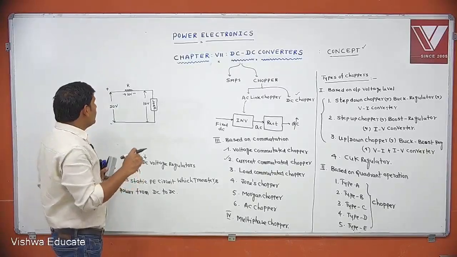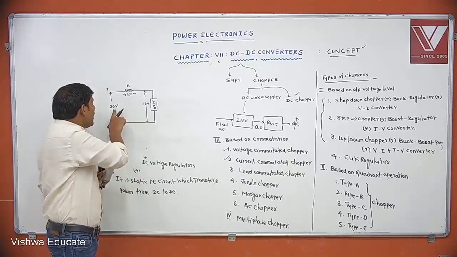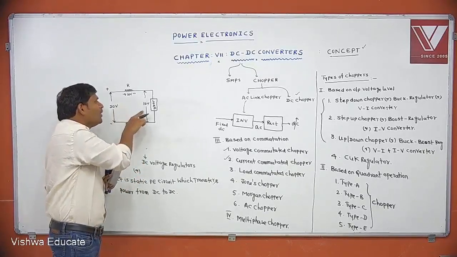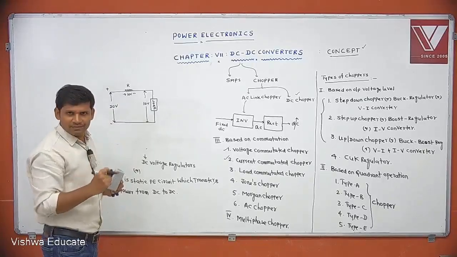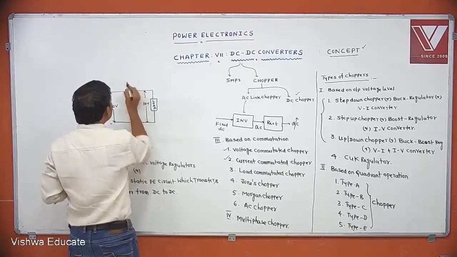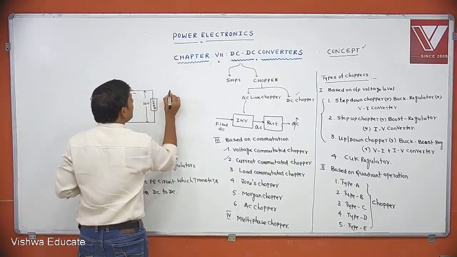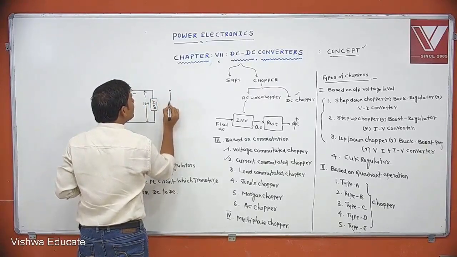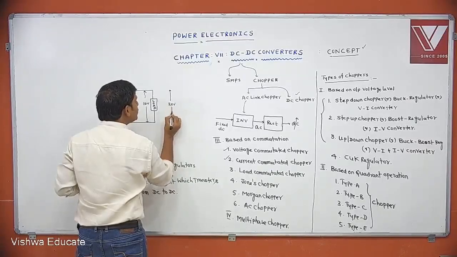But we want to supply 10 volts from 20 volts more efficiently, with less power loss. Then what we can do is, instead of using a resistor, we can use one switch.